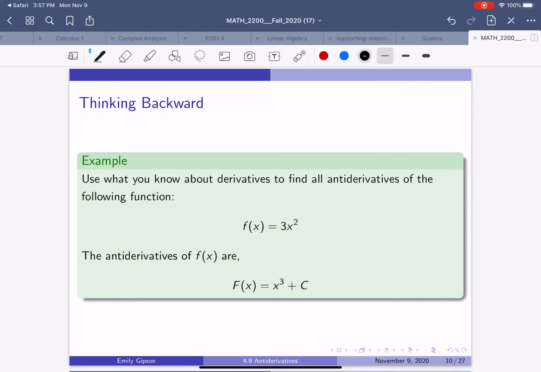And how do I know that? Well, d dx of x cubed gives me 3x squared, which is my original function. And the family just means I can say d dx of x cubed plus c equals 3x squared.